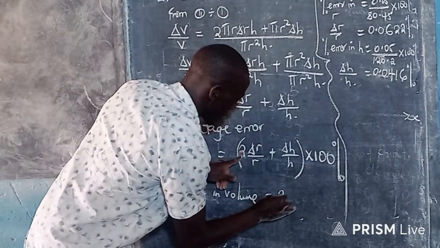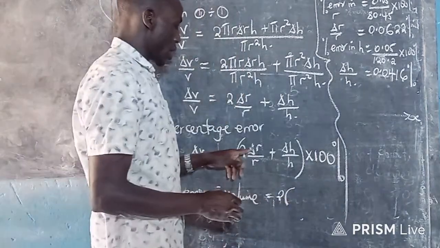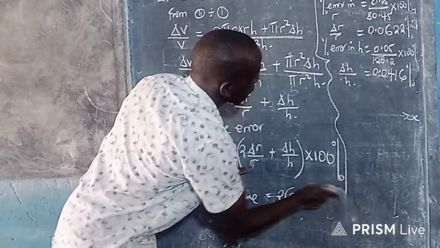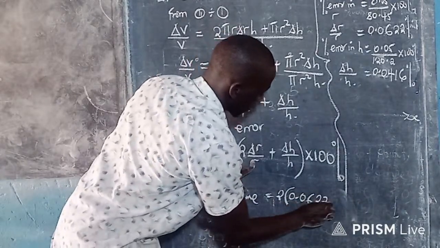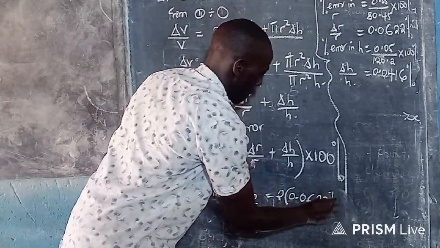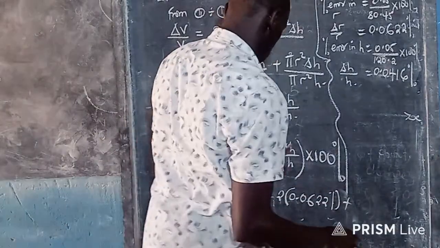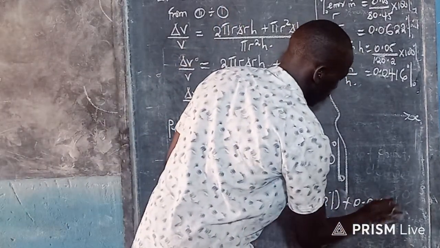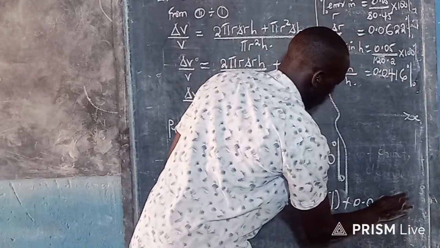For this case, they are saying it is 2 times the R over R, which is 0.0622%, plus the H over H, which is 0.0416%.